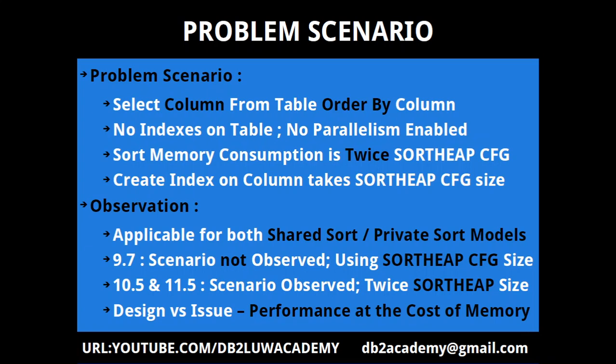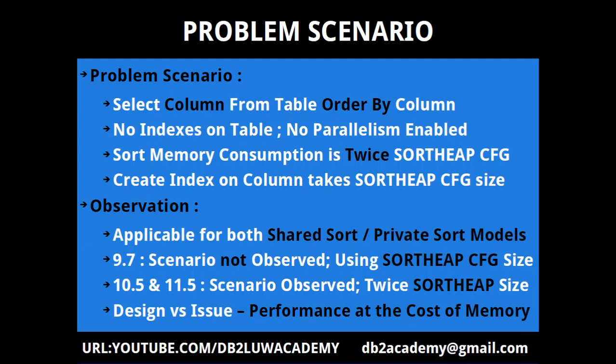For example, if I'm using a dual core laptop, that's why it takes twice the sort memory. If the argument is like that, then why is it not taking twice the amount of sort heap for the create index activity, so that the sort will be faster and the create index will be faster? It's doing it in one case and not in the other case.